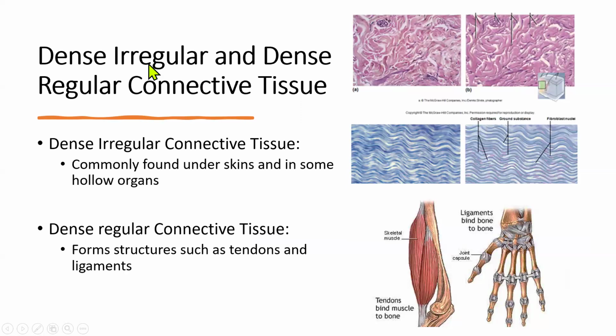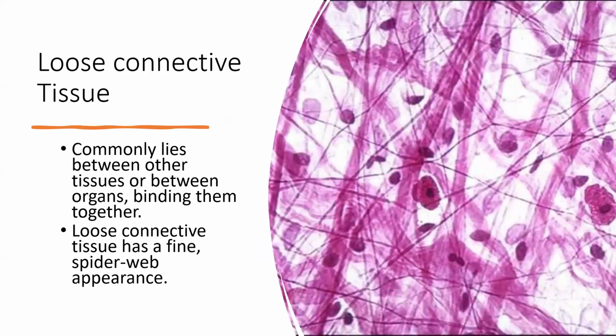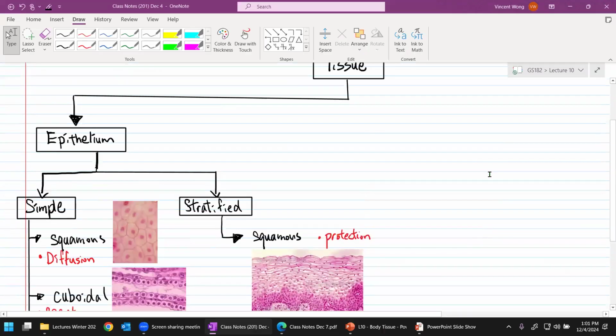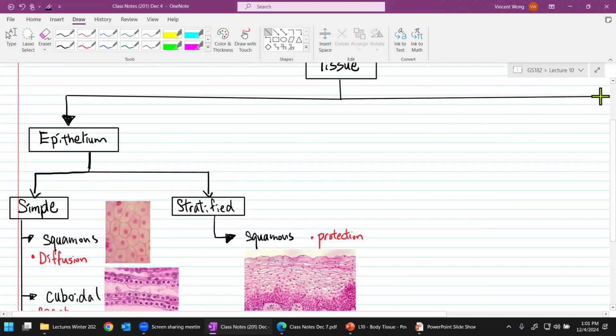Under dense connective tissue, it's further separated into regular versus irregular. I know I've lost you when I said connective tissue, right? So let's put this down first, and then hopefully it'll make more sense when you see it organized nicely in a table.